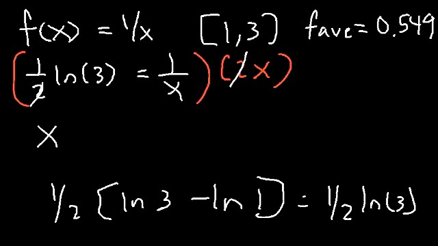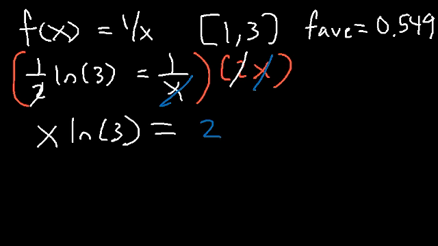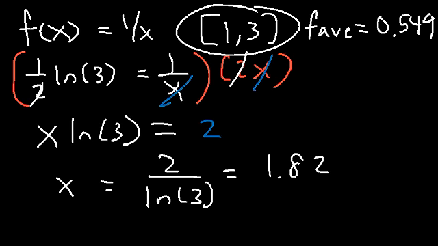So it's going to be x ln 3. On the right side, the x variables will cancel, and it's going to be 2. So x is 2 divided by ln 3, which, as a decimal, is about 1.82, which is in the interval. So c is approximately 1.82.